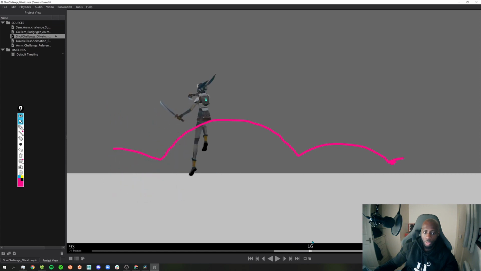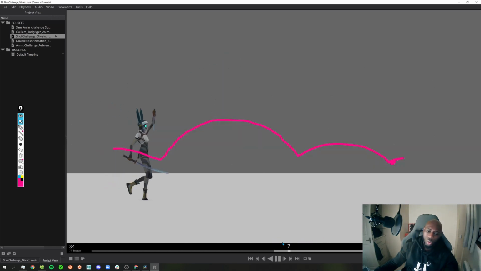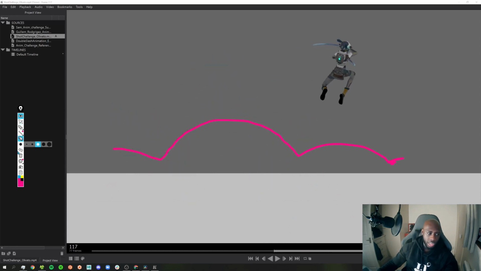But if we go through your animation here, you can see that he's jumping up way high, which I personally wouldn't do for this animation. Actually, I take that back. Jumping up this high is fine, but the second one jumps up even higher. Let's take an example of the line of the hips. Let me draw a line on your hips there.